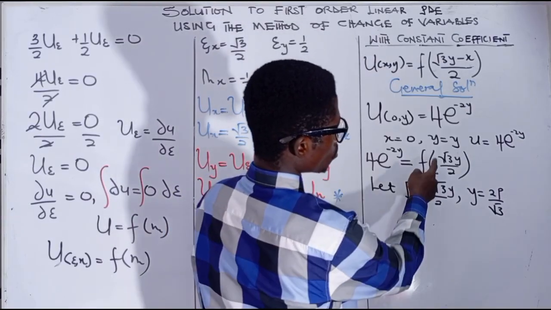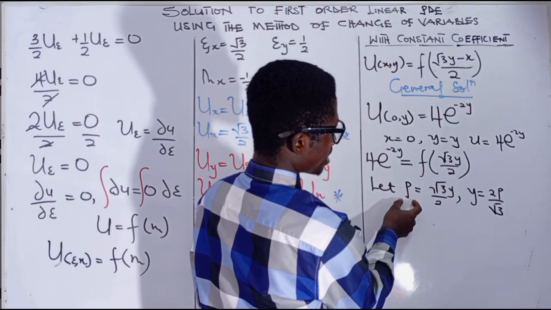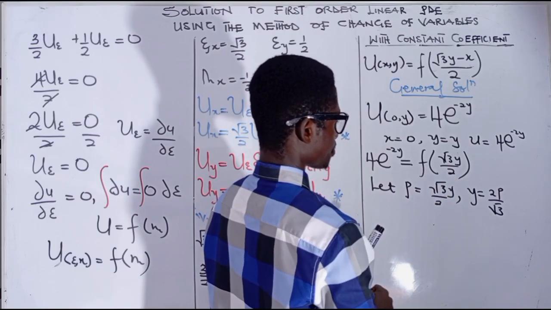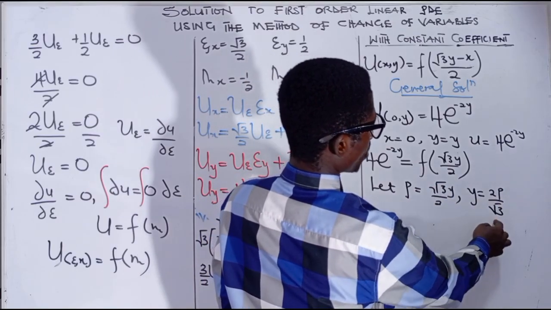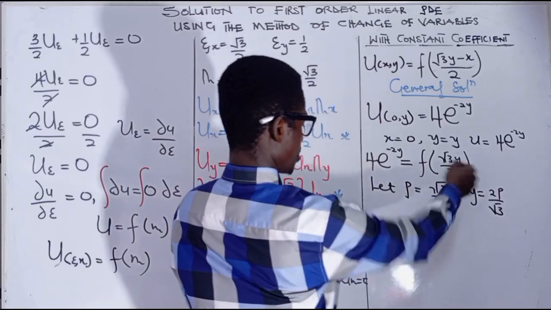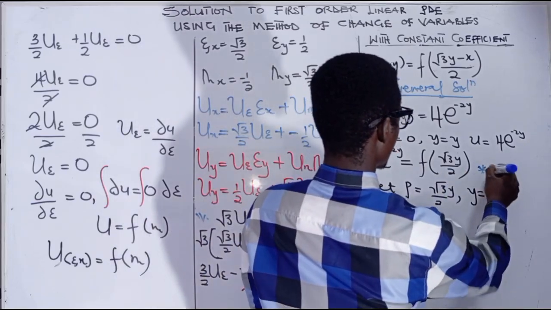So wherever we see root 3y over 2, we plug in p. And wherever we see y, we plug in 2p over root 3. So let's plug this into this equation.